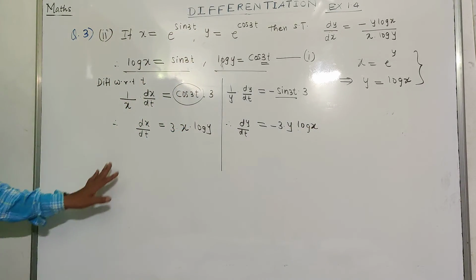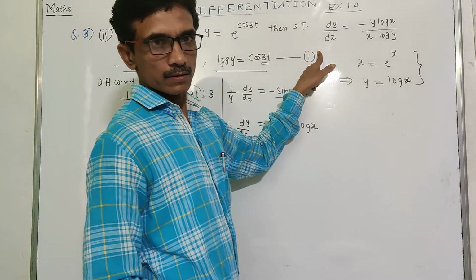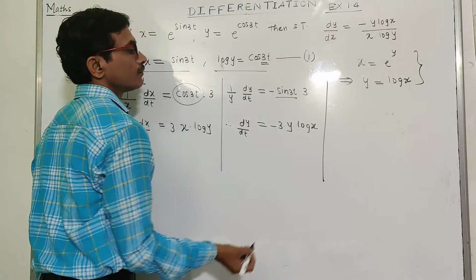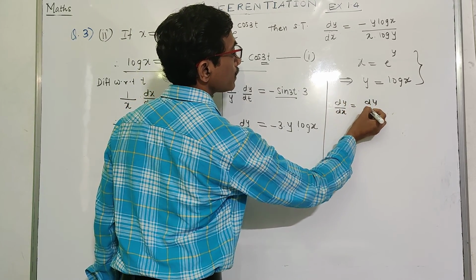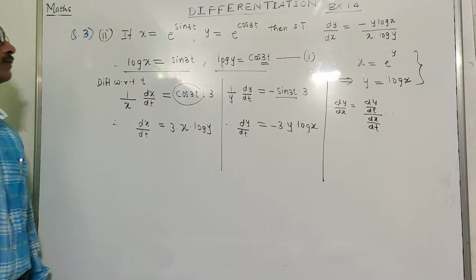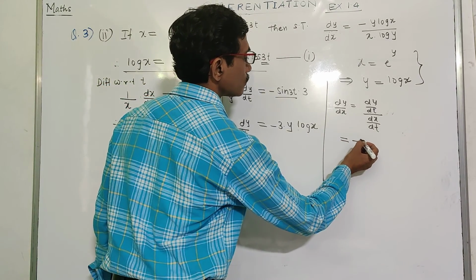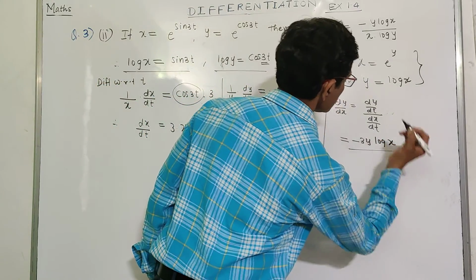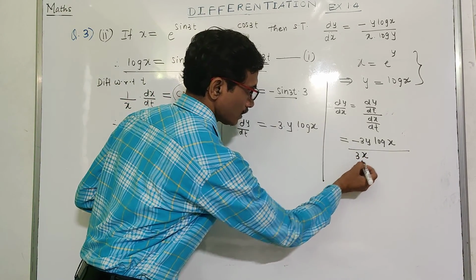Here we have dy by dt and dx by dt, and we require to find dy by dx. By the derivative of parametric functions, dy by dx is equal to dy by dt upon dx by dt. We have dy by dt as minus 3y log x upon dx by dt, which is 3x log y.